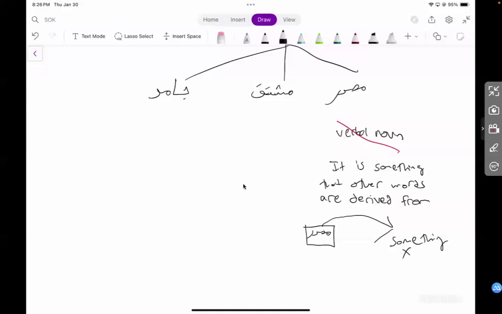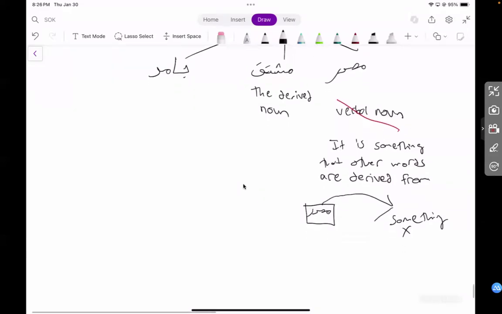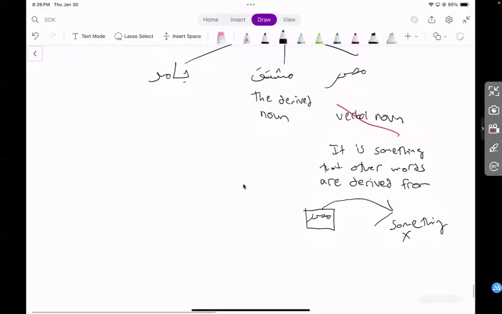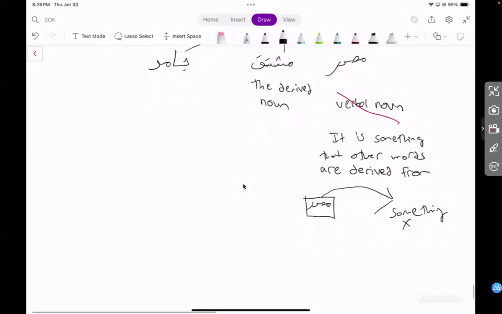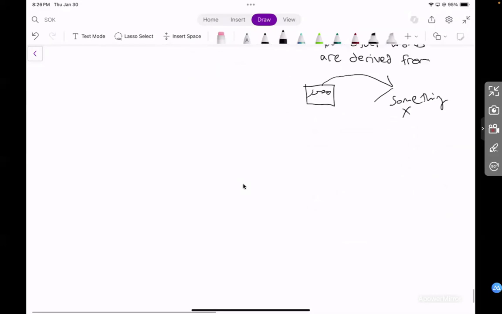And mushtaq is the derived noun, something that has been derived from a masdar, right? An example of this. Let's take the example of qital, right?